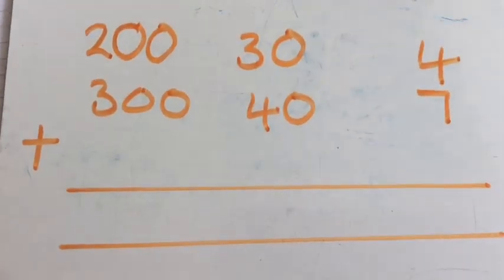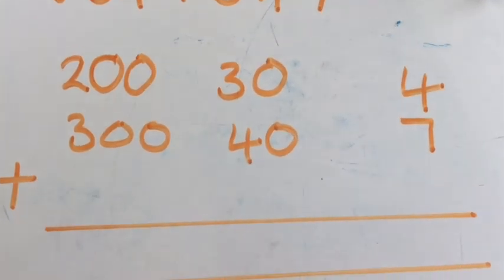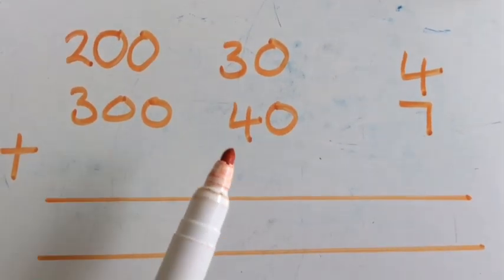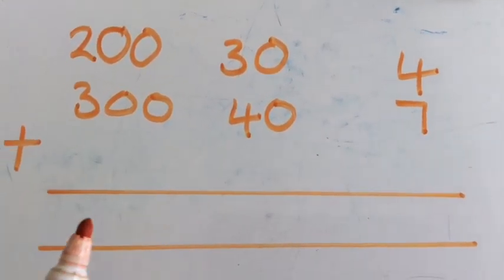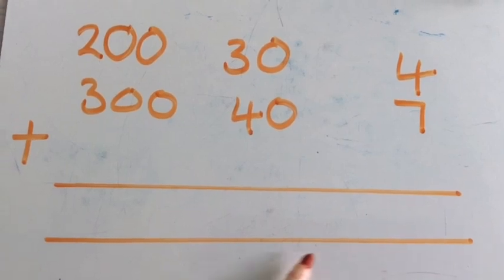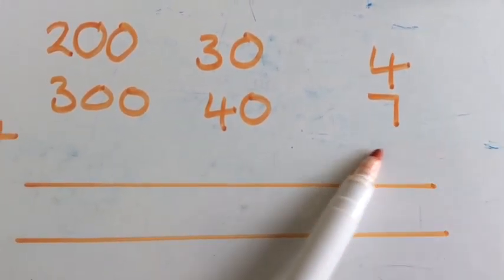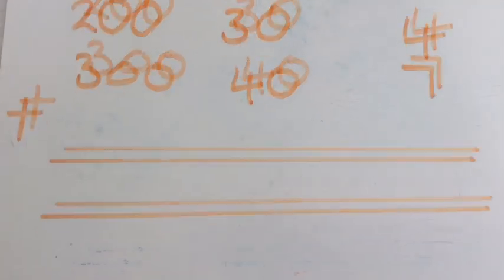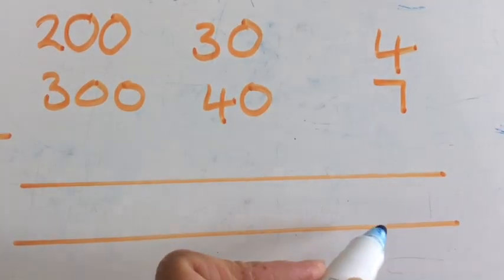Okay, don't forget to leave this line empty, because when we're using this method, if we need to carry into the tens column or into the hundreds column, you're going to be writing it here. Do your equal signs here and your addition lines up with your bottom line. And here we go. So I do 7 and 4, that's 11.